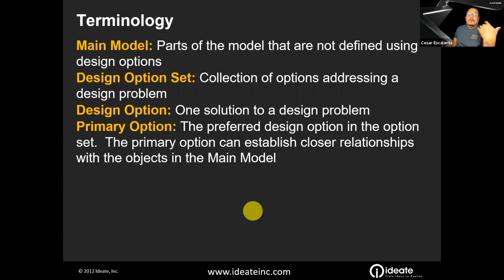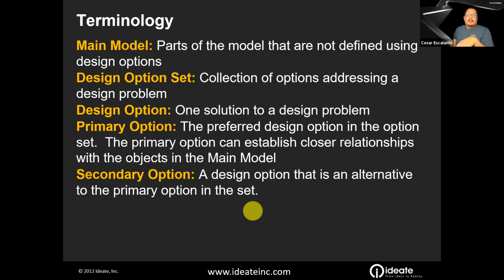For example, walls between the primary option and the main model are going to connect very seamlessly. And then the secondary options are alternative options to the primary option. They do not establish a closer relationship with the main model. And you can only have one primary option. You cannot have multiple primary options, but you can have many secondary options.